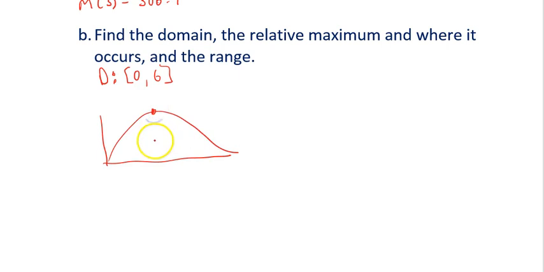And that highest point you can calculate by doing second, calculate, maximum, and we get that occurring at 2.148 and 345.76, basically. And so we can answer the questions now. Here's our relative maximum. The amount is 345.76.